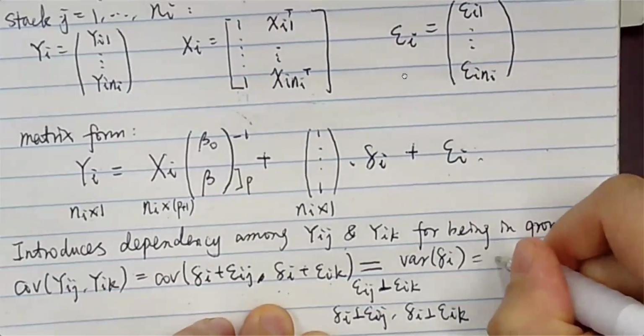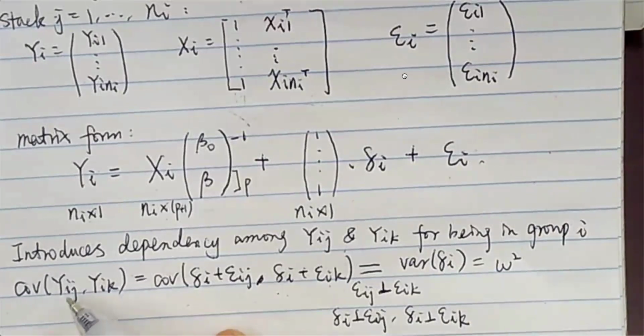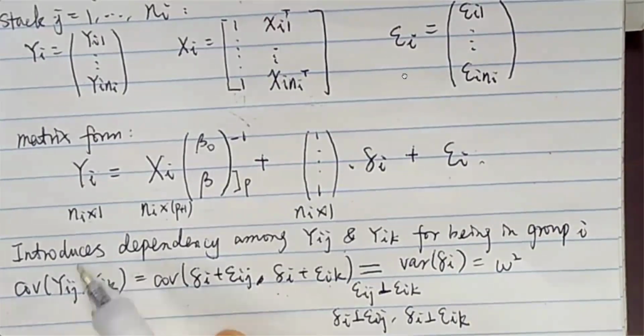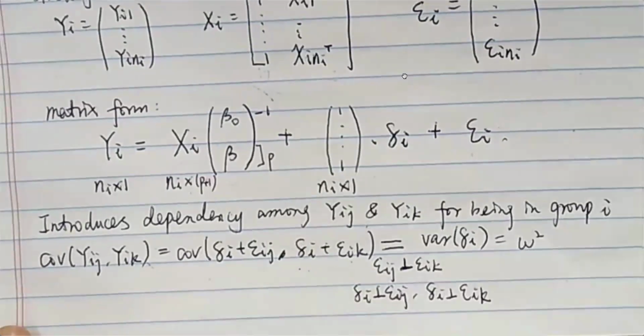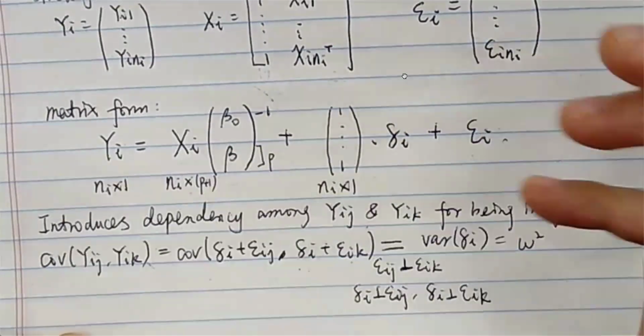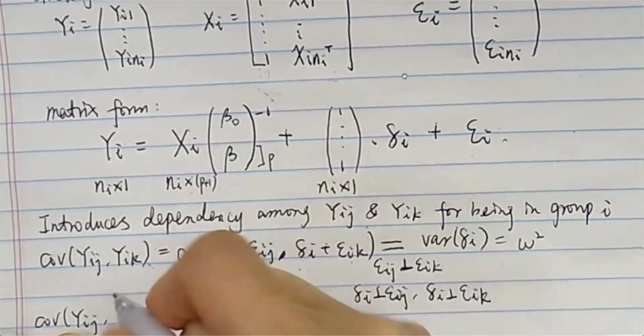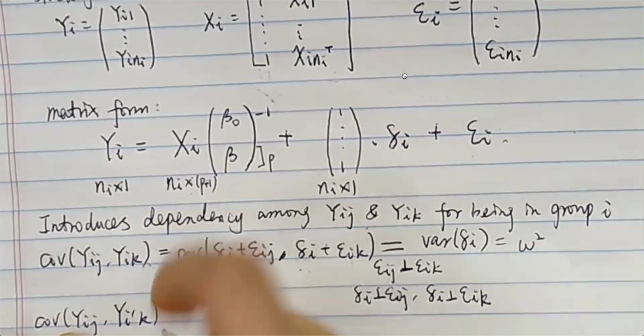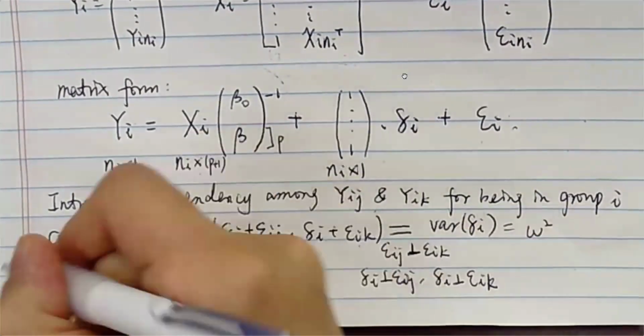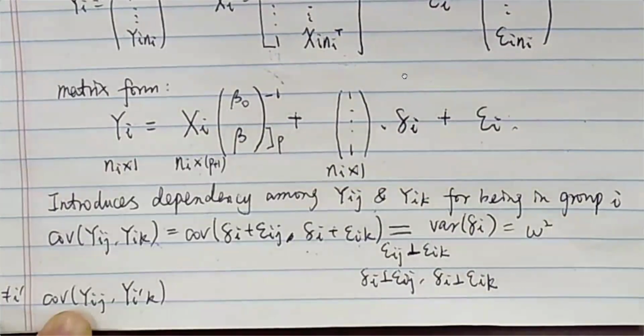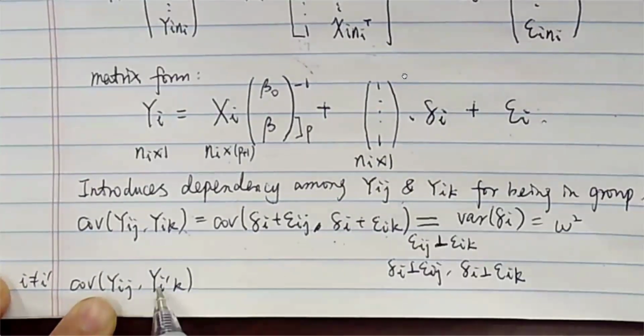So therefore, you see that two observations in the same group are dependent. Their covariance is omega squared. This is introduced by having the same random intercept. But if you look at two observations from different groups, if you check the covariance of Y_ij and, say, Y_i'k, so i and i' are not the same group, then you can easily see that this covariance is 0.